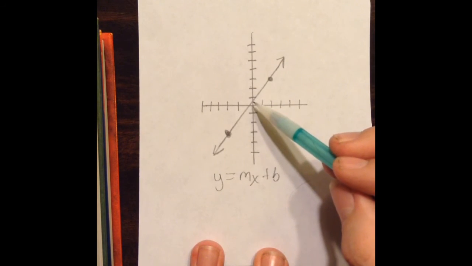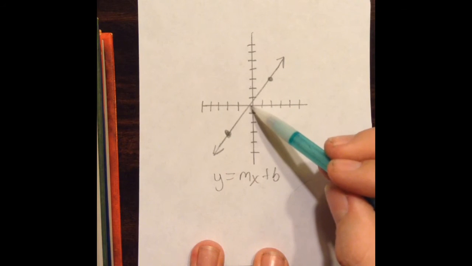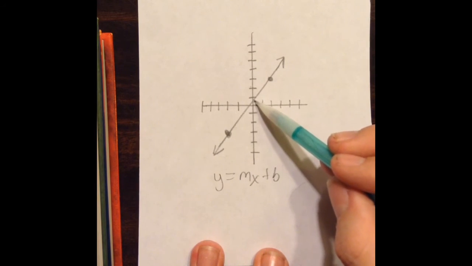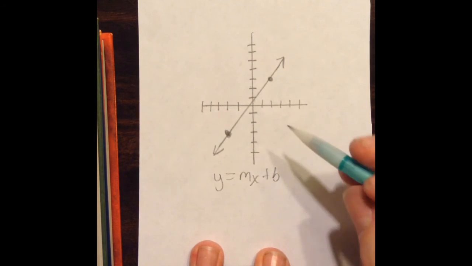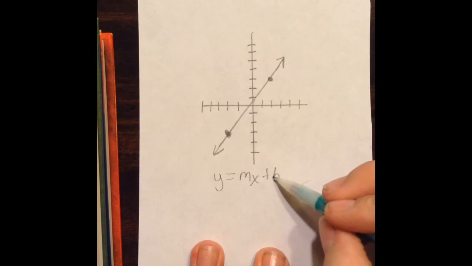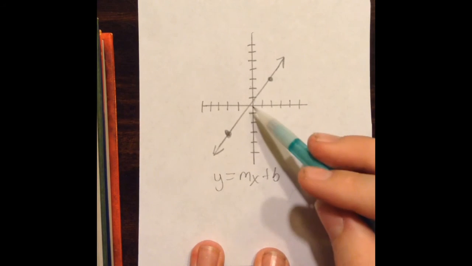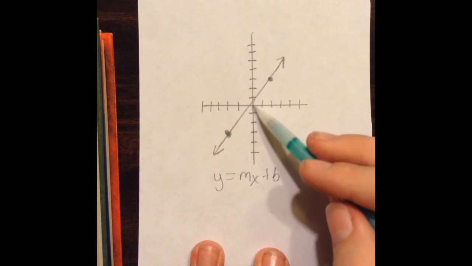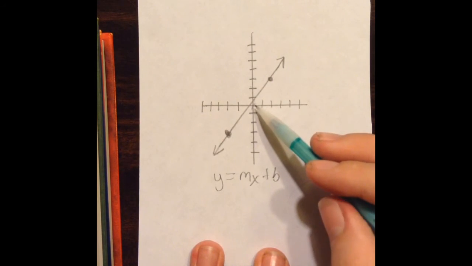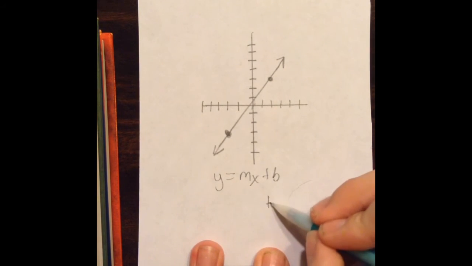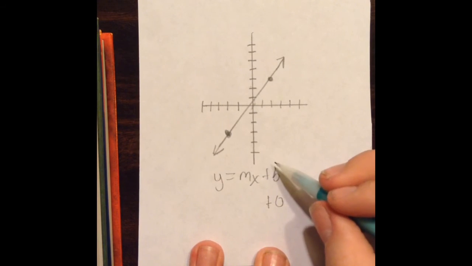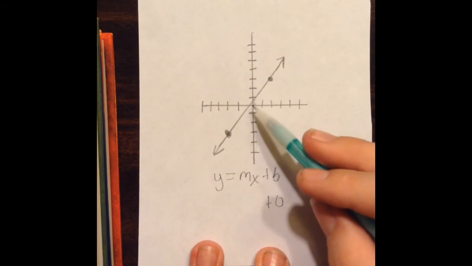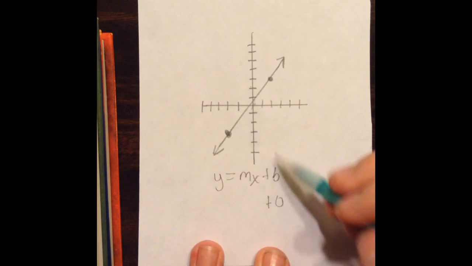Because my graph was not perfect, it did not go through 0, but let's just assume that it did. We know that b is the y-intercept, so since it crosses here on the y-axis, we are adding 0, because the y-intercept in this line is 0.